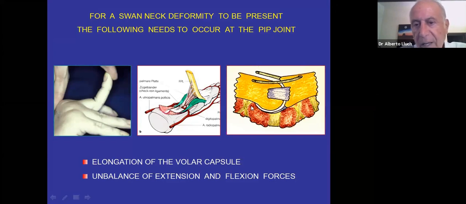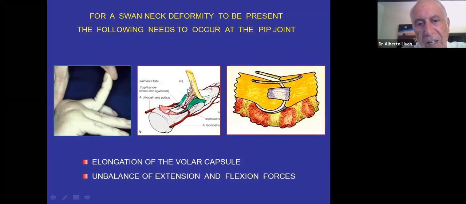And why will flexor tendon synovitis weaken the volar plate? We don't need to have a synovitis inside the joint to weaken the volar plate. We can have the synovitis right here. This is the middle phalanx. This is the condyles of the middle phalanx. This is the volar plate. This is the arcuate ligament. And these are the vincula to the flexor tendons, the vincula that come from both digital arteries.